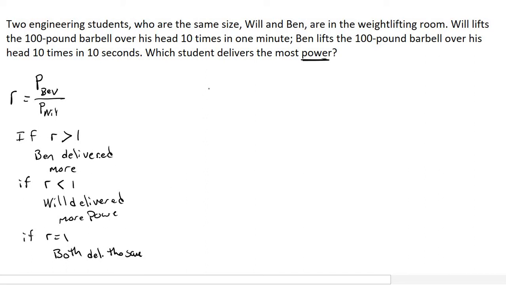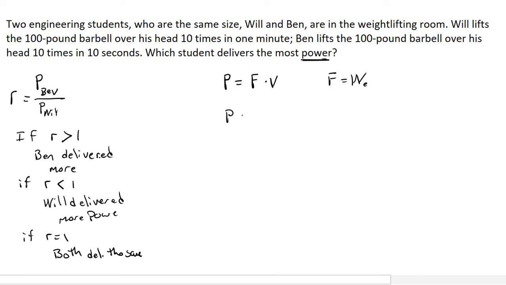First of all, we know that we can use this general equation, which is the power is equal to the force times the velocity. Because they're going straight over their head, the force in this case would be the weight. Let's call that WE.